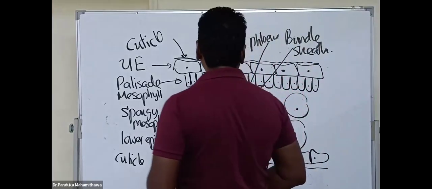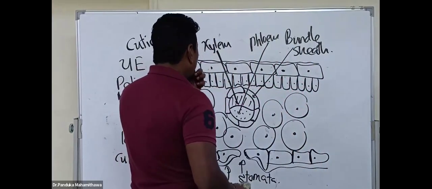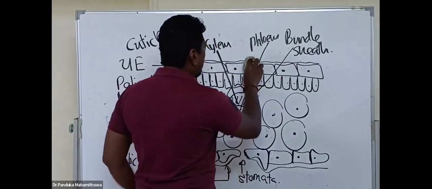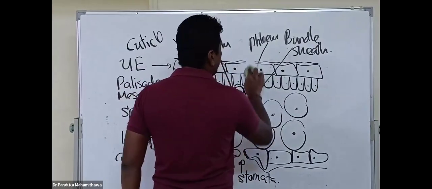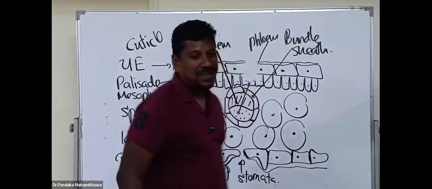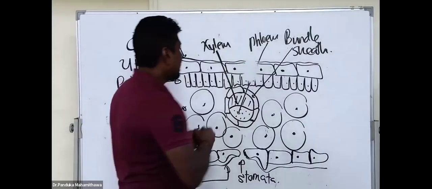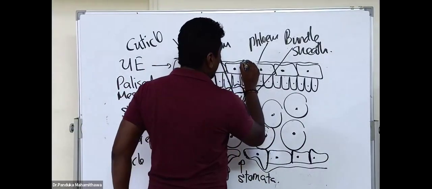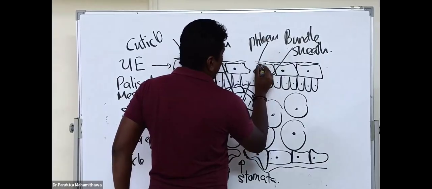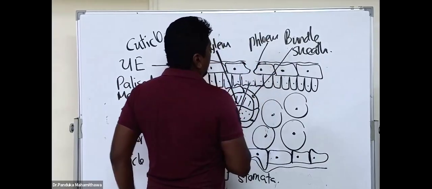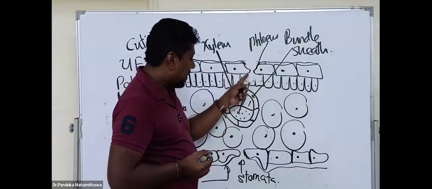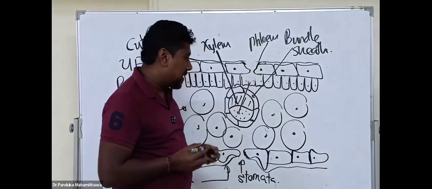One thing is, in monocot leaves, you have the stomata in the upper epidermis also. I will not draw a new one because it takes some time, so I'll do some corrections here. Here also they have the stomata, and these are the guard cells. Stomata are there in the upper epidermis as well as in the lower epidermis.